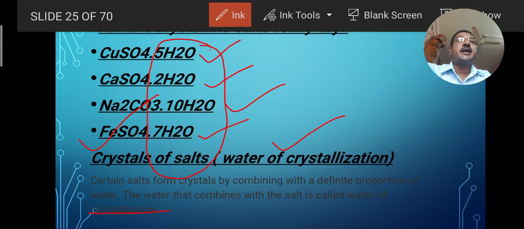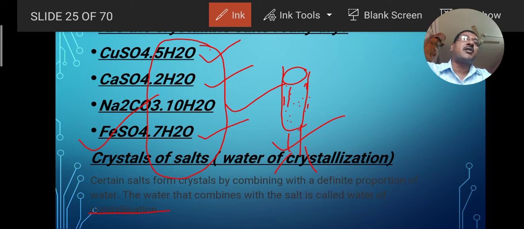When you take any salt in a test tube and heat it, what will you observe? On the inner wall of the test tube, you will find water droplets. These water droplets indicate that these salts are not really dry. They contain water, which comes out of the salts as a result of heating.